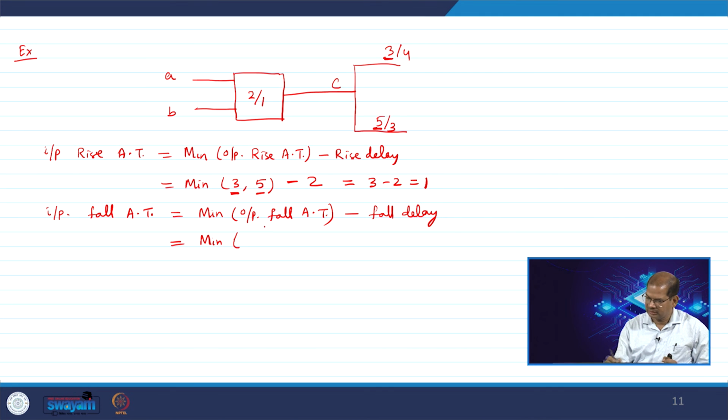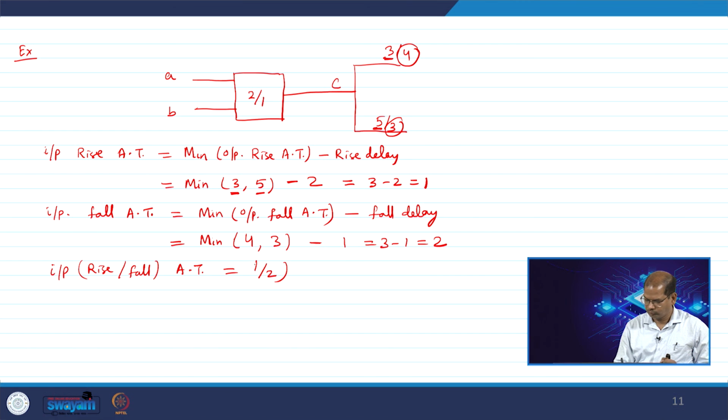This 4 corresponds to this 4, and this 3 corresponds to this 3 here, minus fall delay of 1. So, this will be basically 3 minus 1, which is 2. So, the input arrival time, rise and fall together, is 1 by 2. This is applicable for both the inputs, 1 by 2. So, this is the input arrival time.